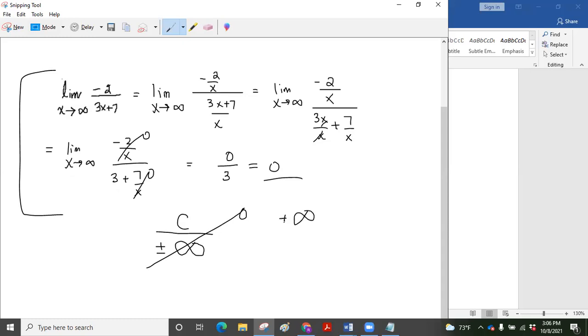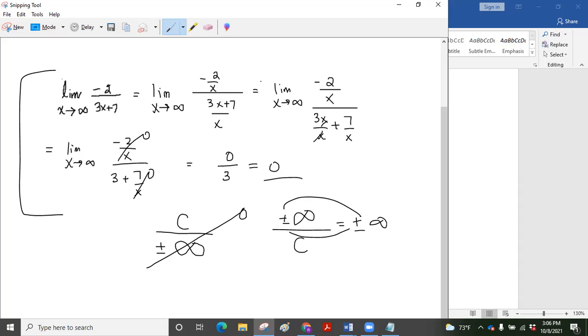If it's infinity in the top and a constant in the bottom, then it's going to positive or negative infinity respectively, depending on whether it was going to positive or negative infinity in the first place. But that's the idea.